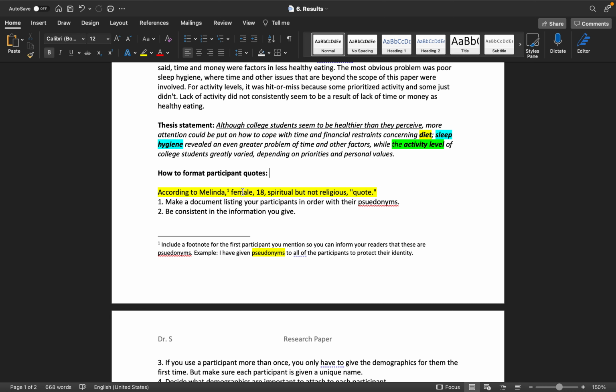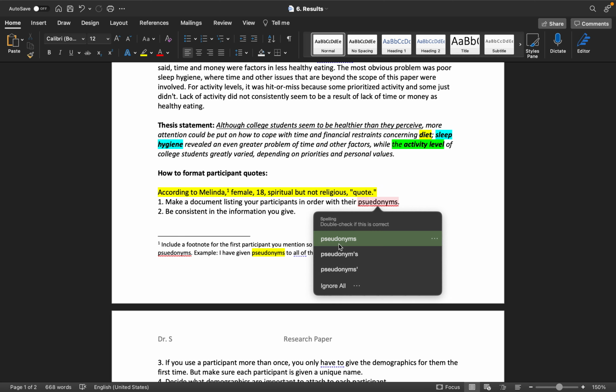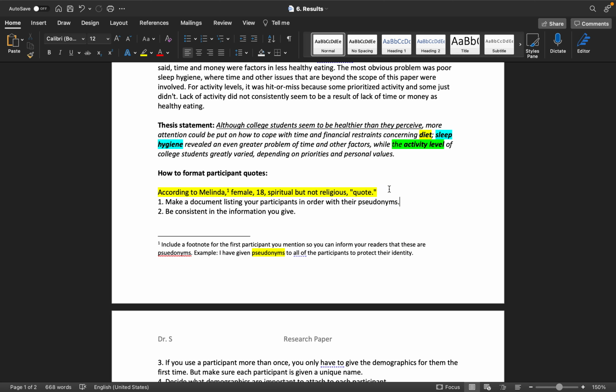So I asked gender, I asked age, and I asked religion. I'm going to put all those demographics with the participant to give that participant context. Okay, so I said, according to Melinda, female, 18, spiritual but not religious, and then I give a quote.